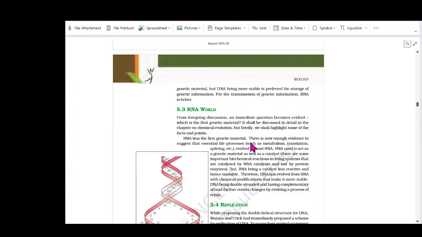There is now enough evidence to suggest that essential life processes such as metabolism, translation, splicing, etc. evolved around RNA. RNA used to act as a genetic material as well as a catalyst. There are some important biochemical reactions in living systems that are catalyzed by RNA catalysts and not by protein enzymes.